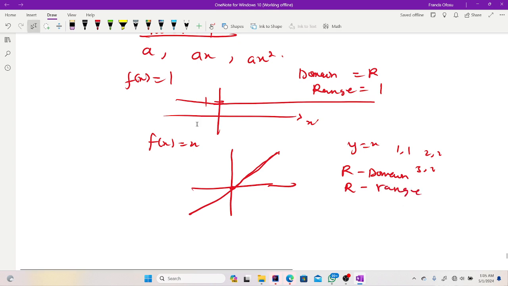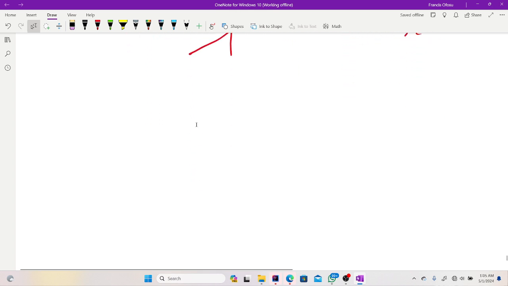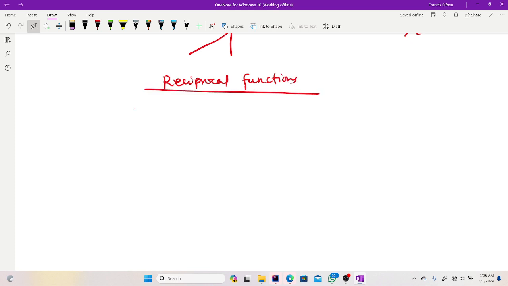Now, let's quickly move to what we call reciprocal functions. It's still under power functions. When we say reciprocal function, as I explained earlier, ax to the power p, where p is equal to 1 over n, where n is not equal to 0.